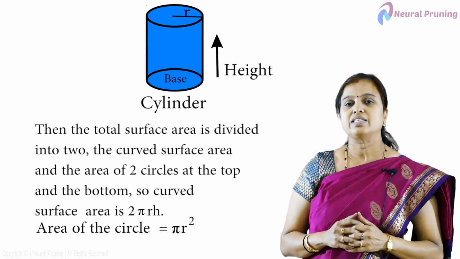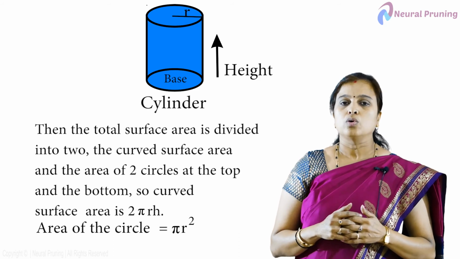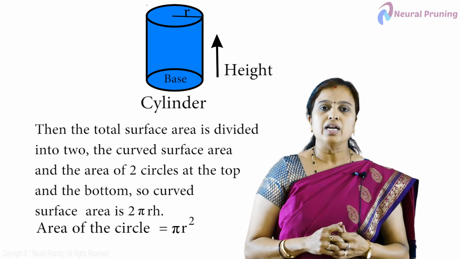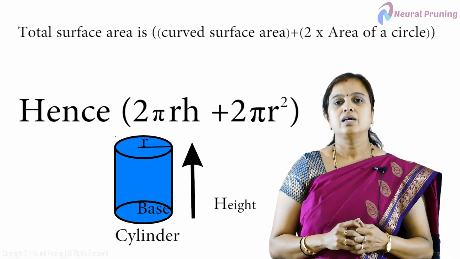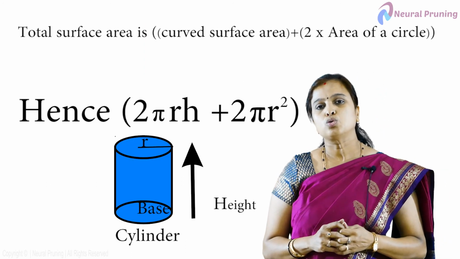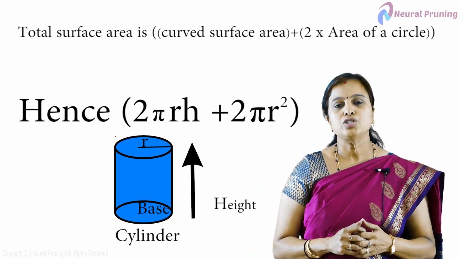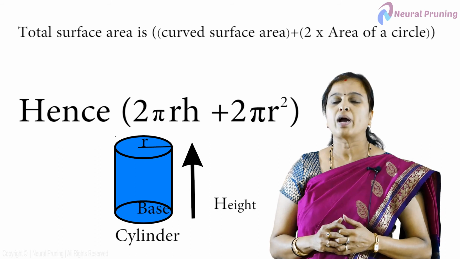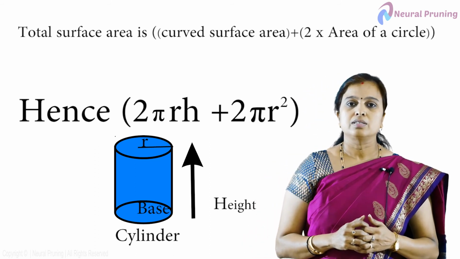So the curved surface area is 2 pi r h. Now the area of the circle we have already learnt is pi r square. So the total surface area is curved surface area plus 2 into area of a circle. Hence it is 2 pi r h plus 2 pi r square. That is the total surface area of a cylinder.